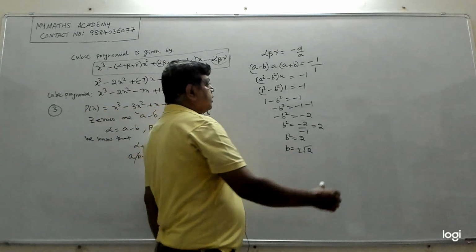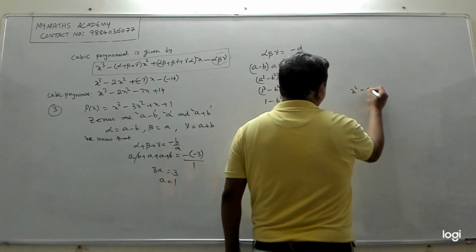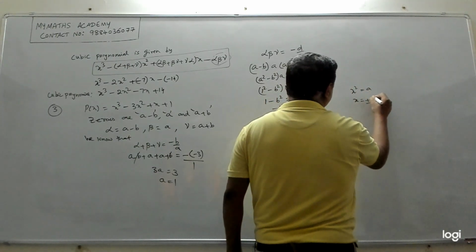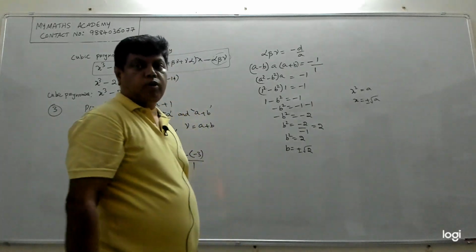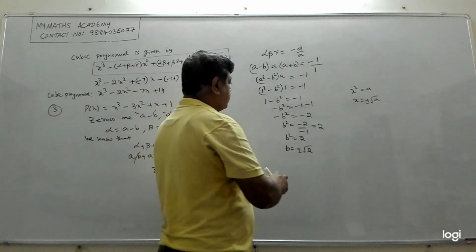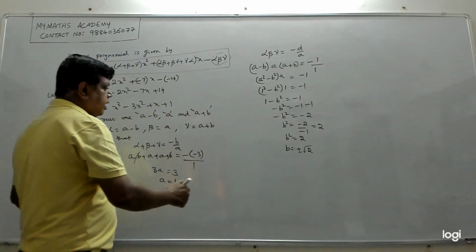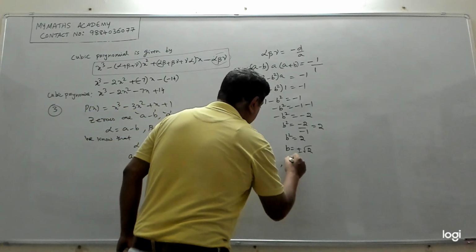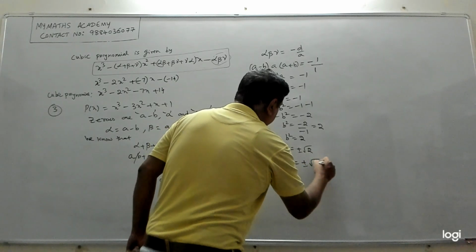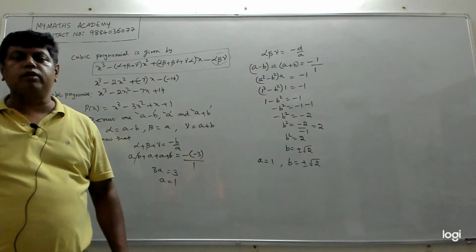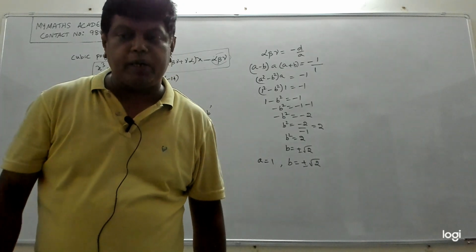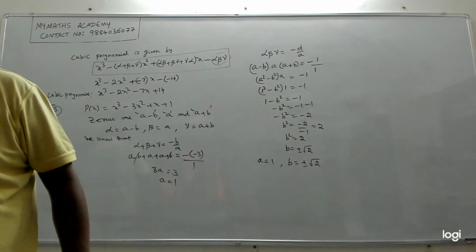So whenever you have x square equal to a, then x is equal to plus or minus root a. Right? So what is the answer? A is 1, and b is equal to plus or minus root 2. So we have found the values of a and b. Clear? Everyone?